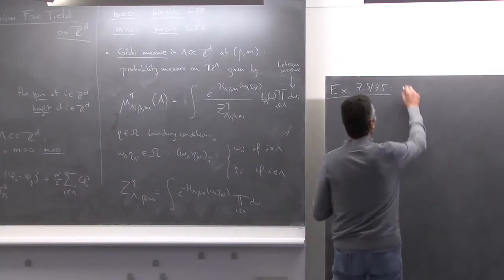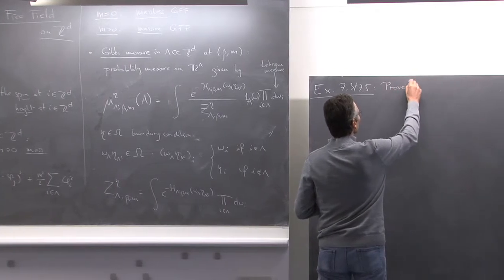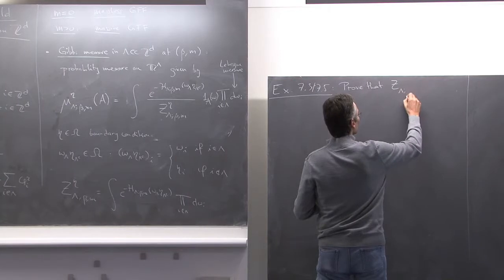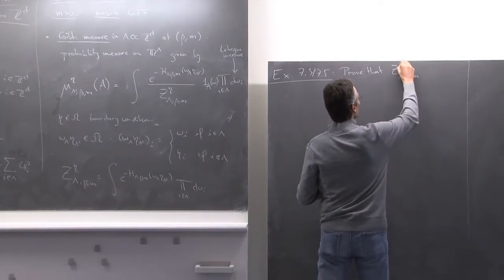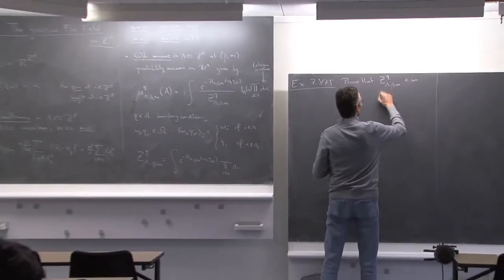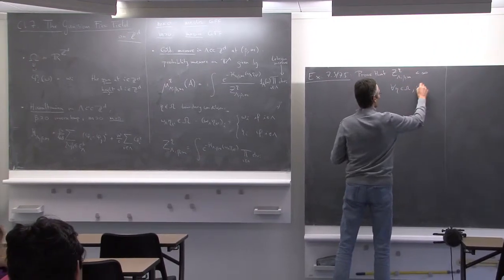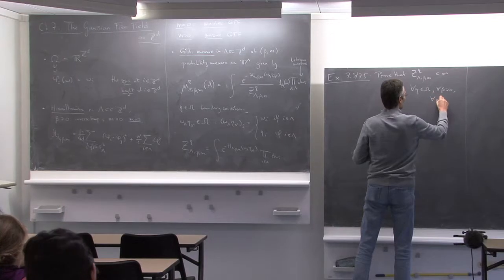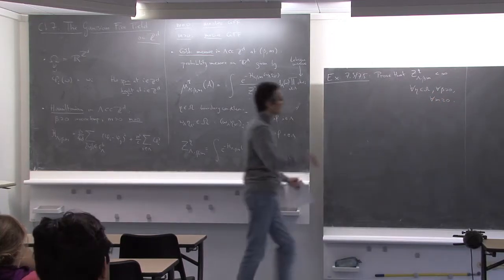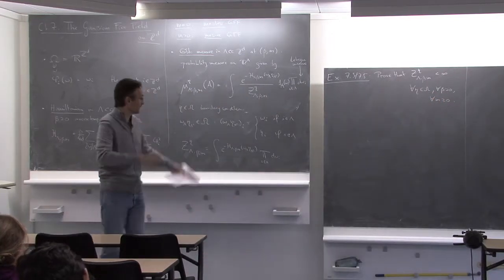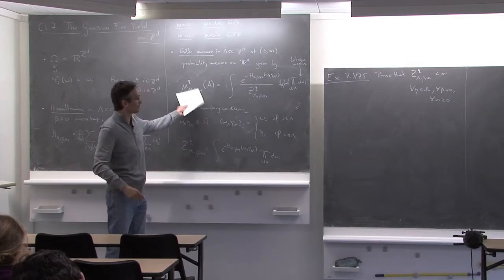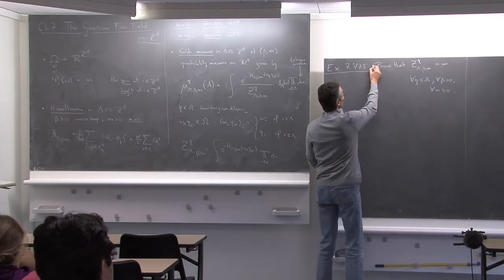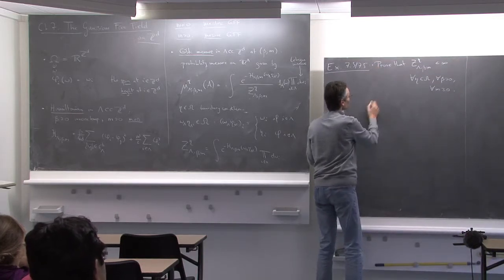Just check it. So prove, it's easy, but do it, that Z lambda beta m eta is finite for any eta in Omega, any beta strictly positive and any m greater or equal to 0. This is always a well-defined quantity. If it was not, then we could not even define the measure, I cannot normalize it. It would be a problem. So this is an important observation to make.